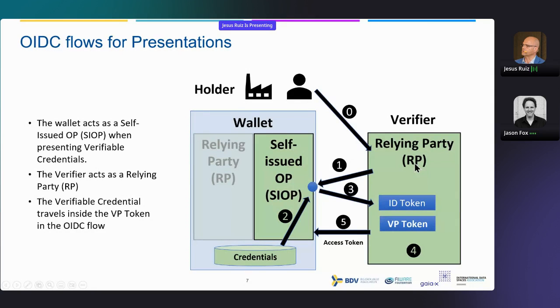And the typical way of doing this is that they exchange something, but then at the end, the relying party is going to the IDP, the identity provider, because the identity provider is the trusted party for the verifier. In this case, no. This is the identity provider, let's say. But the trick is that the trust of the verifier is going to be built based on the credentials that the holder presents to the relying party.